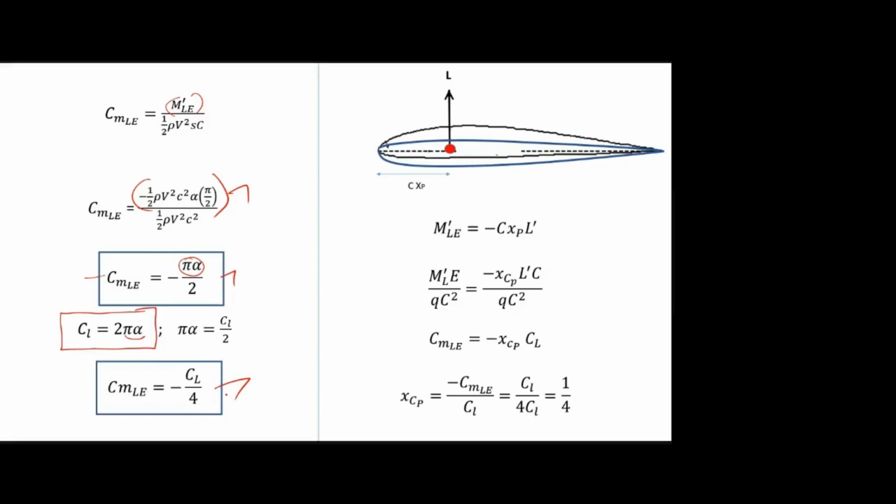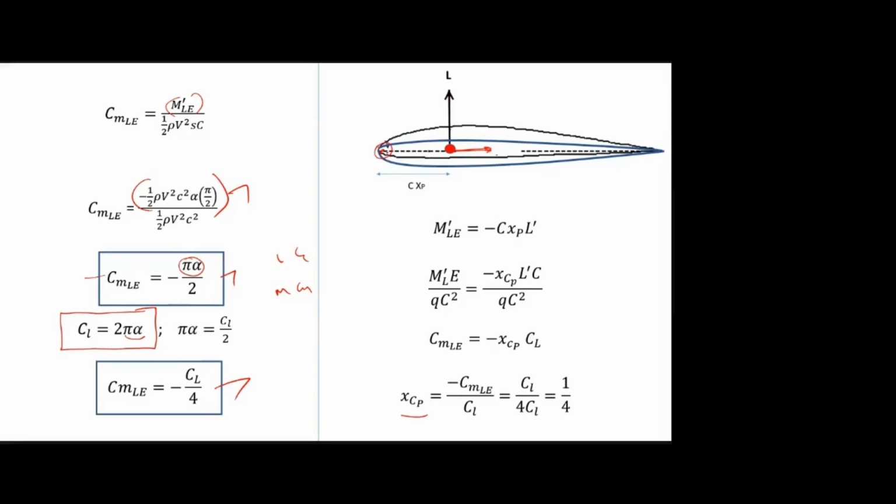Yes. Okay. So we found lift CL, moment CM, and finally the center of pressure location. Drag will be in the same line for a symmetrical airfoil, so it won't induce any moment about the leading edge.